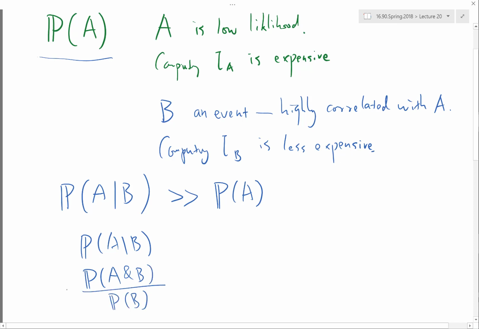So you are saying this is equal to this, but we want to get to this. This is what we want to compute, the probability of the failure. This we know how to compute. But how do we compute this?